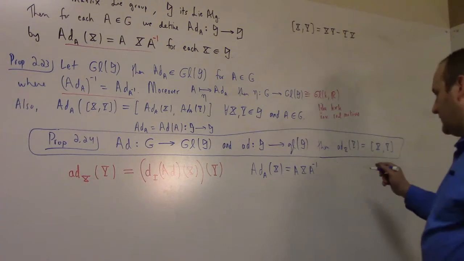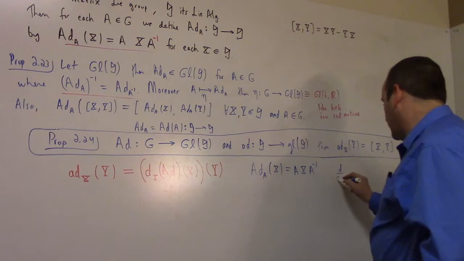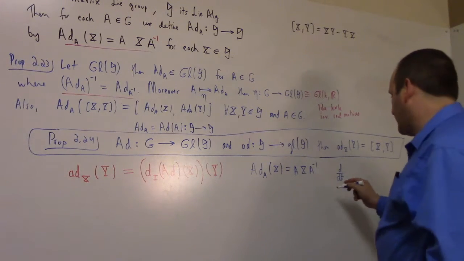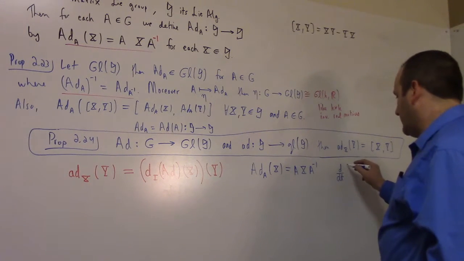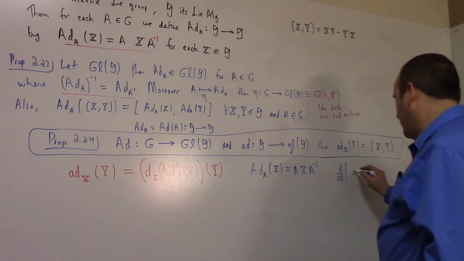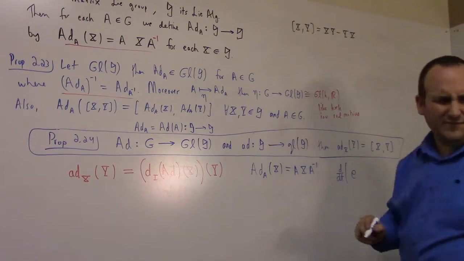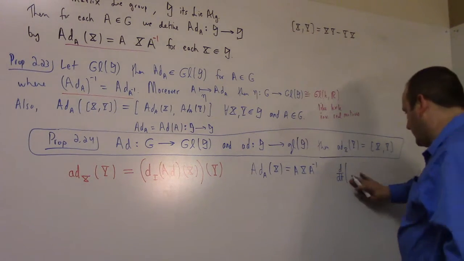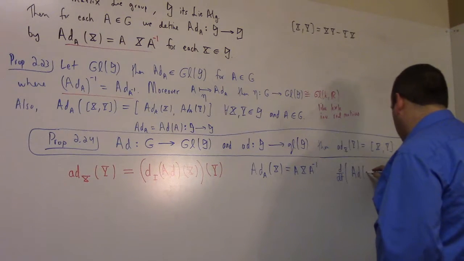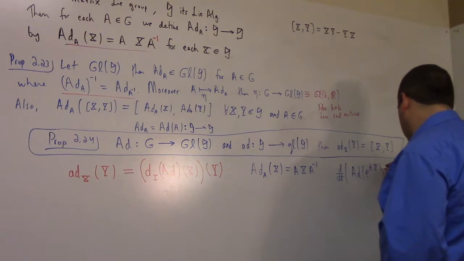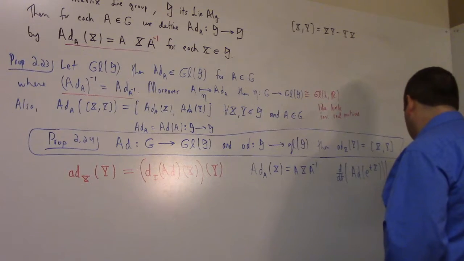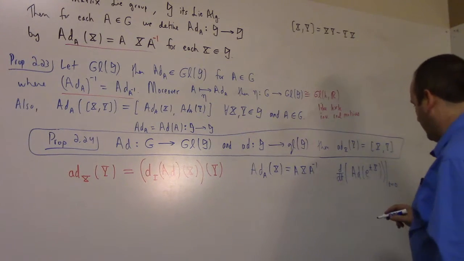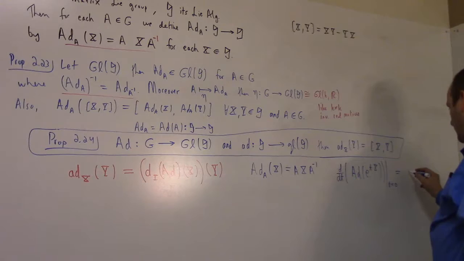So he looks at d/dt of big Ad of e to the tx, set t equals 0 after that. That is going to be, as he calls it, little ad of x, right?